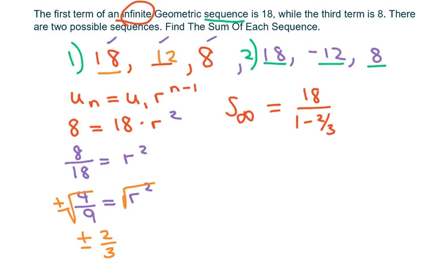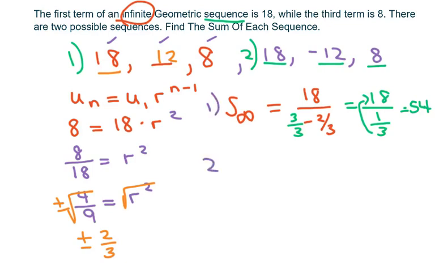Well, 1 minus 2/3, I'm going to change this 1 to 3 over 3. So that's going to be 18 over 1/3, which you just multiply those two, and that is 54. So that's your first one.